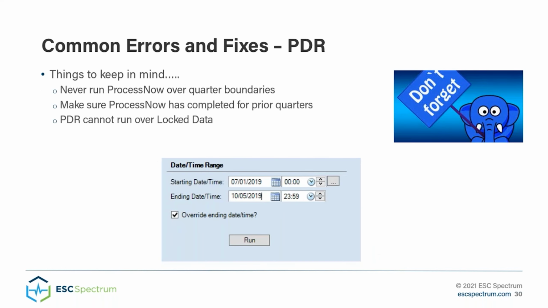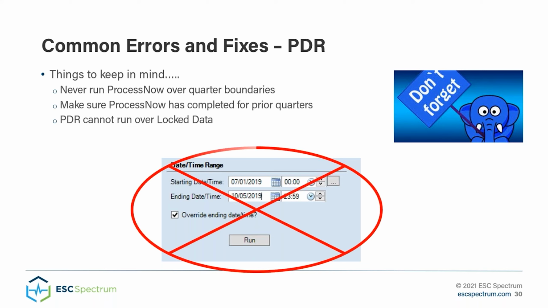What usually causes this error is that your ProcessNow did not complete for the prior quarter. So we want to make sure that our ProcessNow is completed for the prior quarter, Jan 1 to March 31st. Make sure we get all of that done correctly. And then usually that will fix the error for the next quarter going forward.